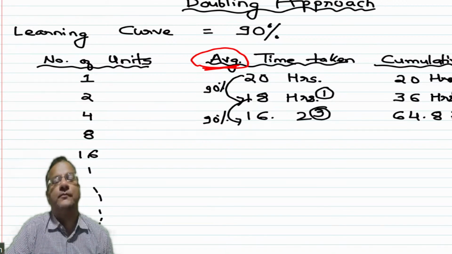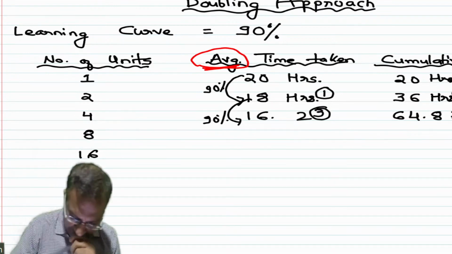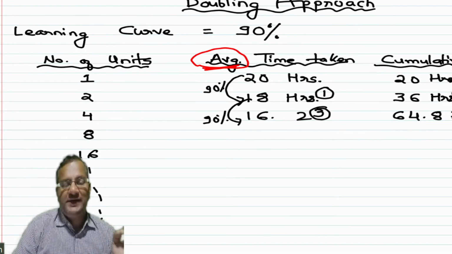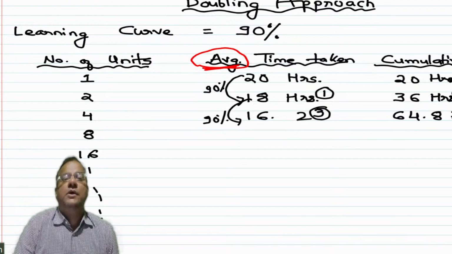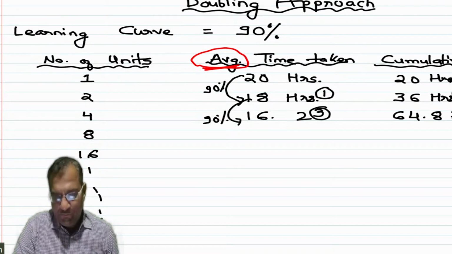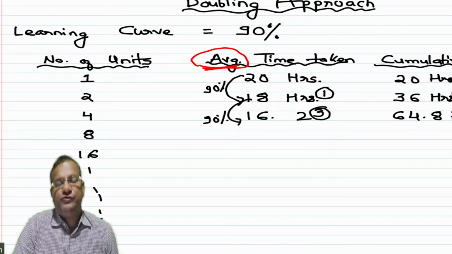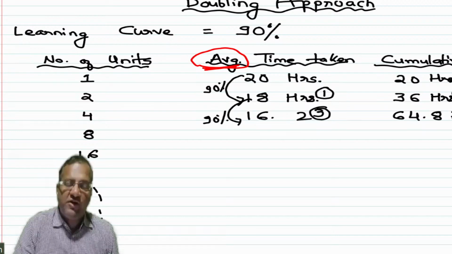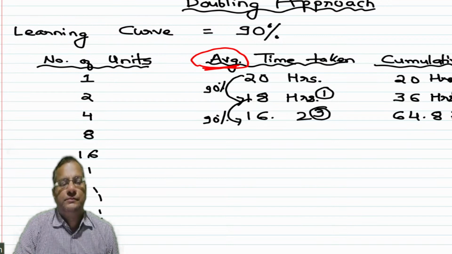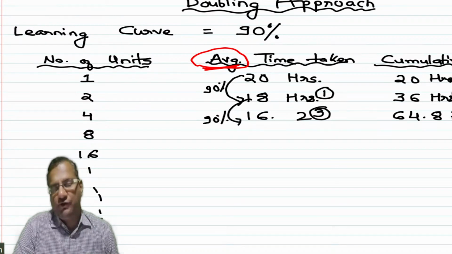Second point is related with 36 hours. The total time taken to manufacture first 2 units is 36 hours.